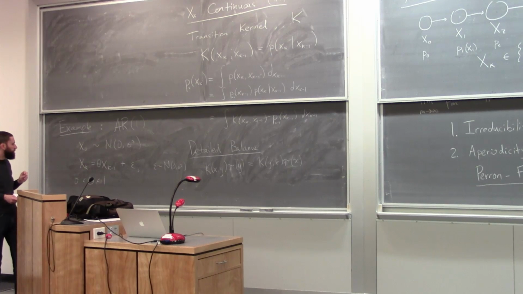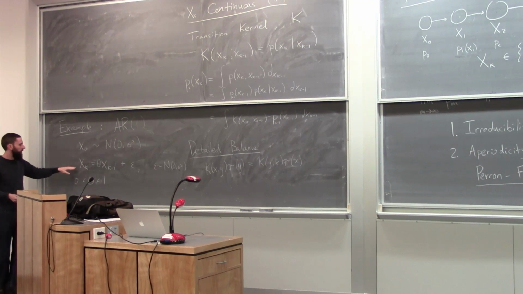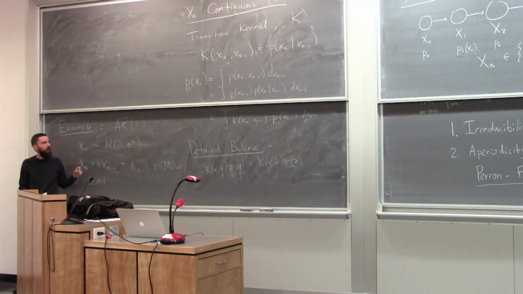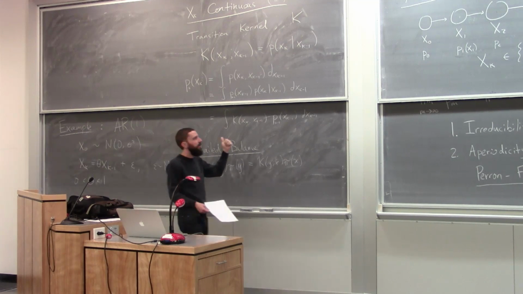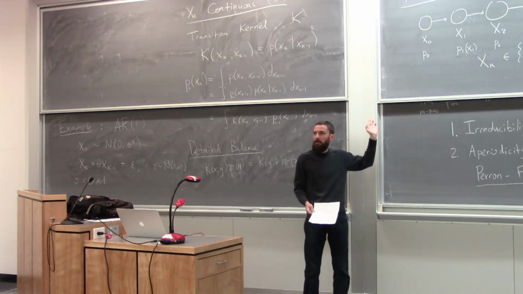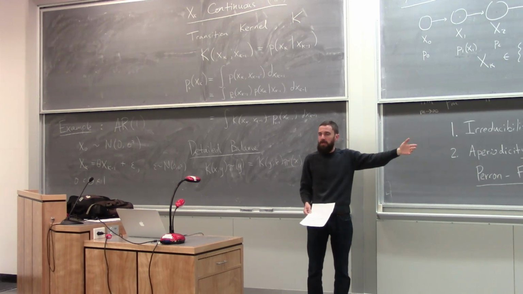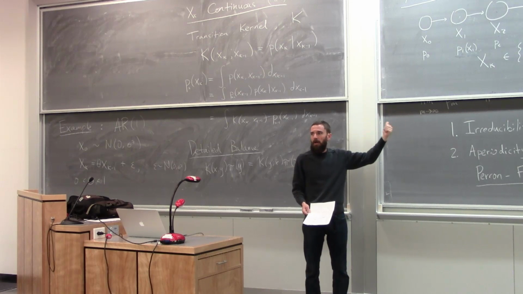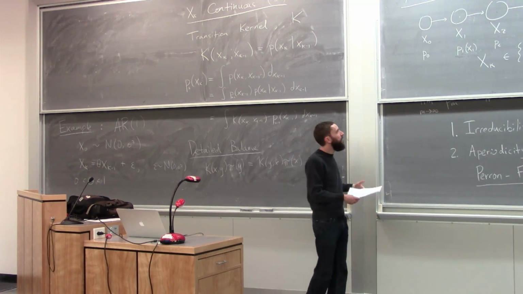Okay. So what's going on here? If I didn't have this piece here, we would just have IID Gaussian samples, right? So this piece here, theta times xk minus 1, basically says take the previous x, multiply it by some scale factor, and then add noise on top of it. As you can see, there's a clear dependency on the previous random variable.